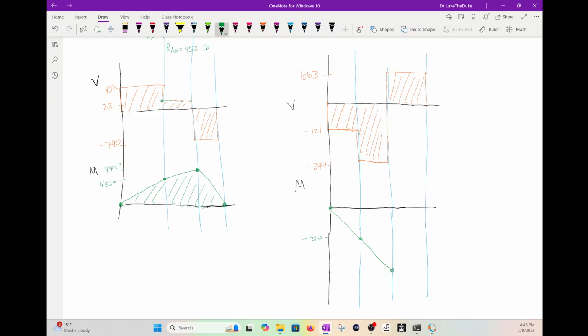Here, this is going to be 3980, and that's going to go back up. This is found by taking the 277 and multiplying by 10, right? So this gap in between, 277 times 10, and you add it to 1210. Okay, and it's negative, that's why it goes down below. So there's our shear and moment diagrams.